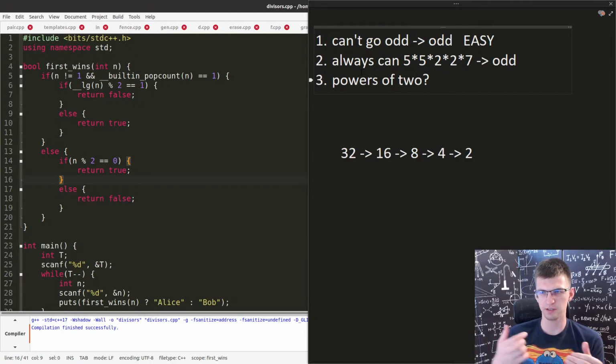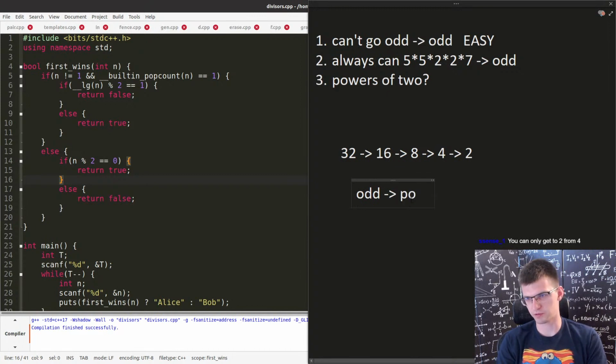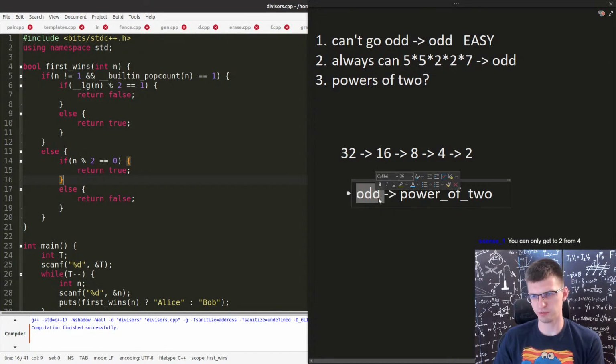Okay, but is there a possibility of moving from odd to a power of 2? Because if so, we can hope that this odd is winning because we hit a proper power of 2. So can this happen?